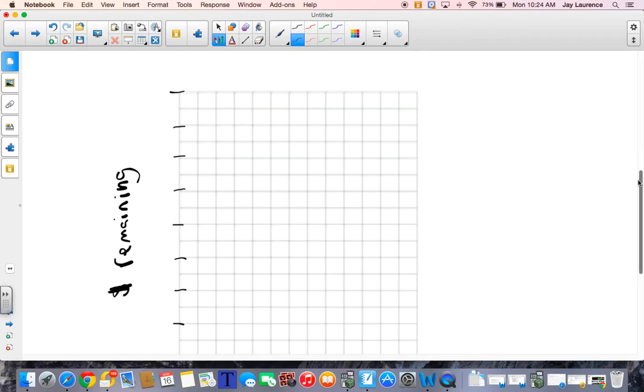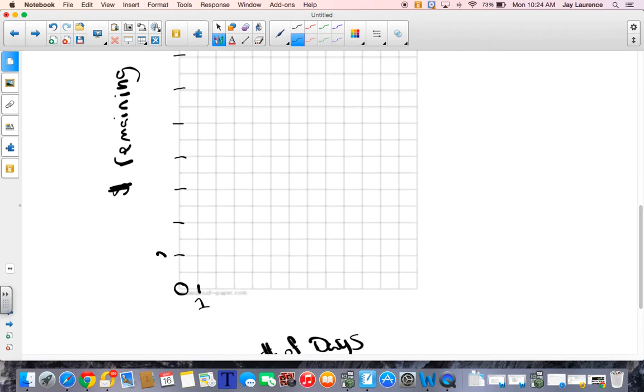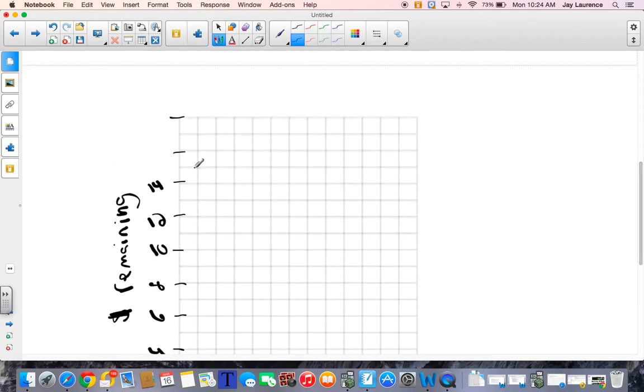I don't really want to get a whole other sheet of graph paper there, but let me see. 2, 4, 6, 8, 10, 12, 14. Yeah, it's only going to go up to 18. Okay, 16, 18, and so let me go. 20 is going to be right about there. Okay, so day 0, I'm at 20.